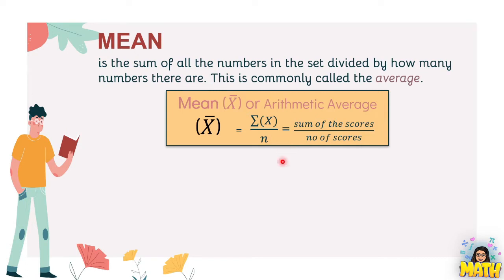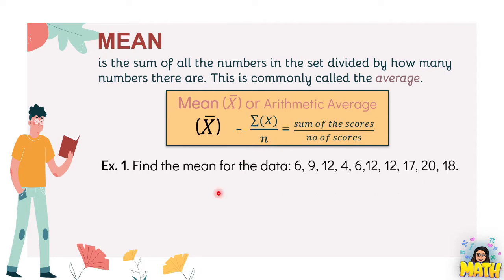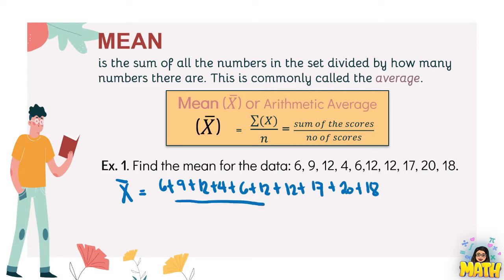To compute for the mean, we simply need to get the sum of the scores, or the data, divided by the number of scores, or the number of data that we have. So let's have an example. Find the mean for the following data. To compute for that, let's just simply use the formula. That is, to find the sum of all the data that we have here divided by the total number of scores or data that we have added.